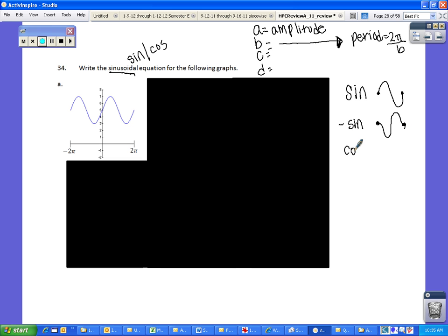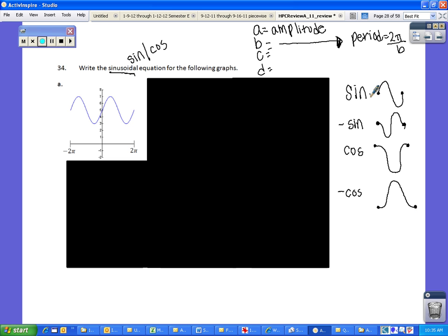The cosine graph is going to start at the top of the graph, it's going to go down past the midline, dip below the midline, and come back up to complete one cycle. And then finally, your inverse cosine, or your negative cosine graph is going to start at the bottom, going to come up to the top, and then come back down and conclude at the bottom.